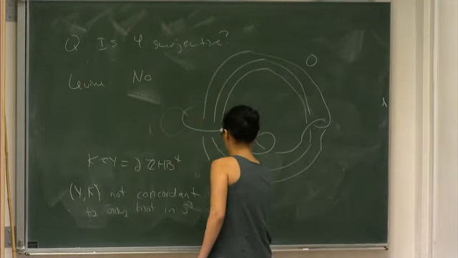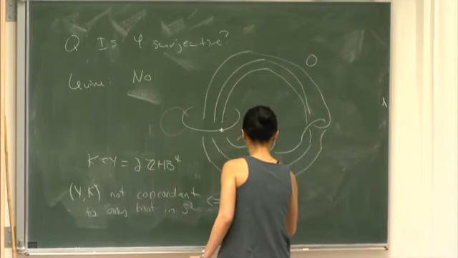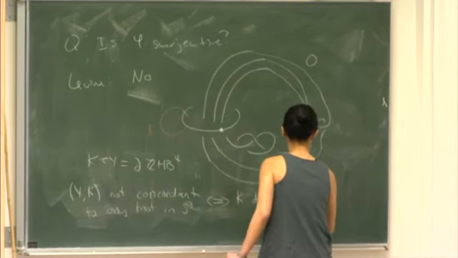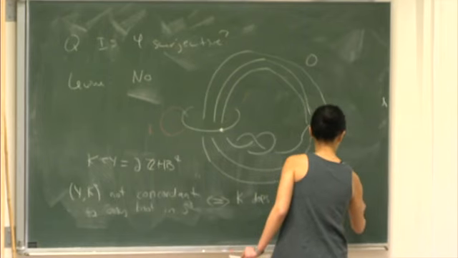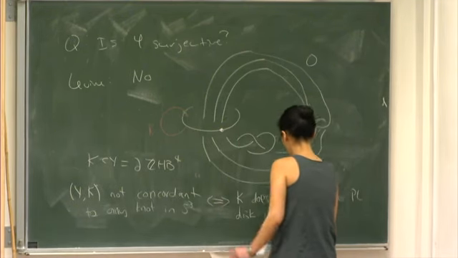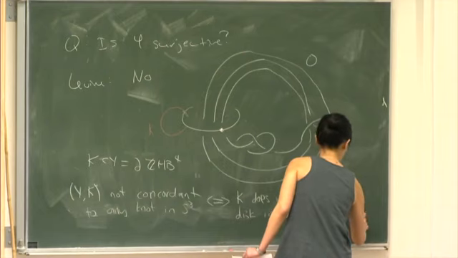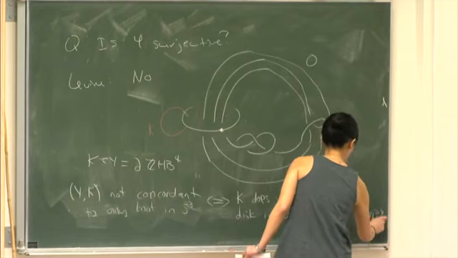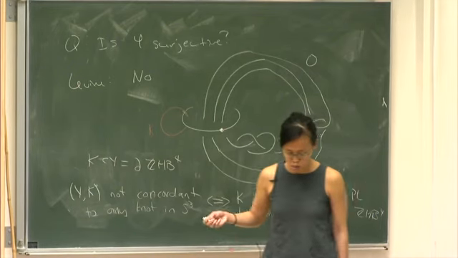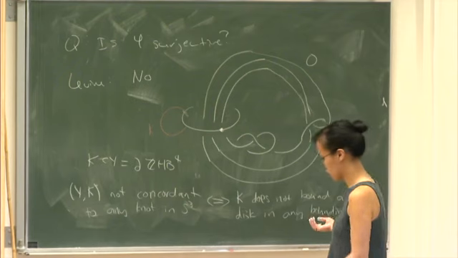So this is equivalent to the fact that K does not bound a PL disk in any bounding homology ball. Okay, so this is a key difference between knots in S3 and knots in arbitrary integer homology spheres.